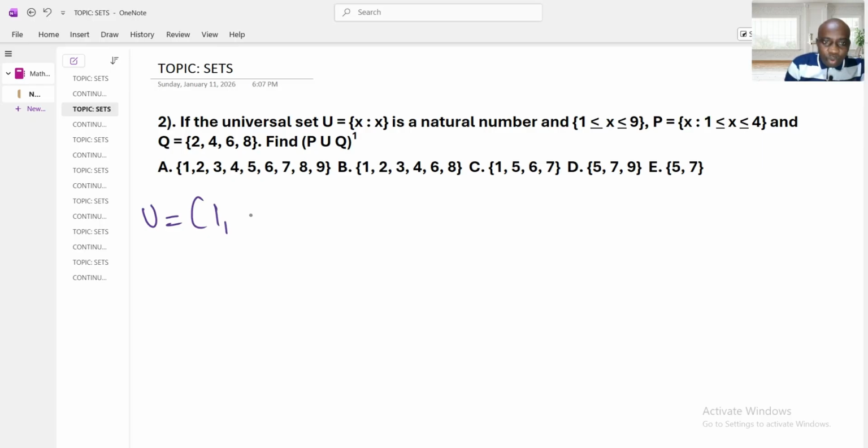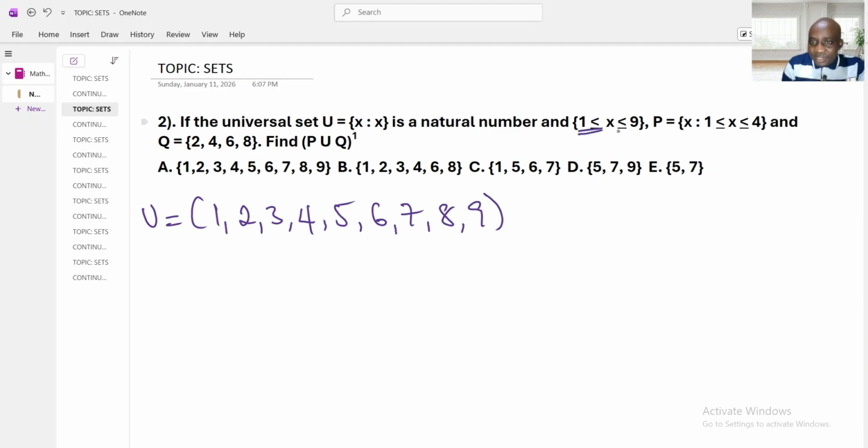Starting from 1, 2, 3, 4, 5, 6, 7, 8, 9. This is it. 1 is less than or equal to x and x is less than or equal to 9. Equal to 9, it means that we are going to include 9 and we are going to start from 1.